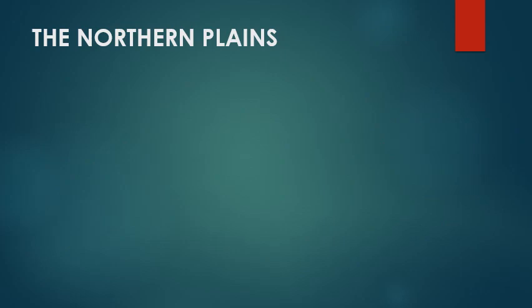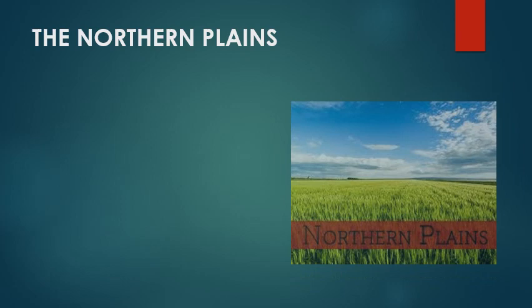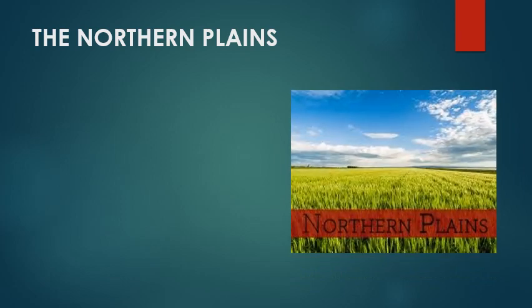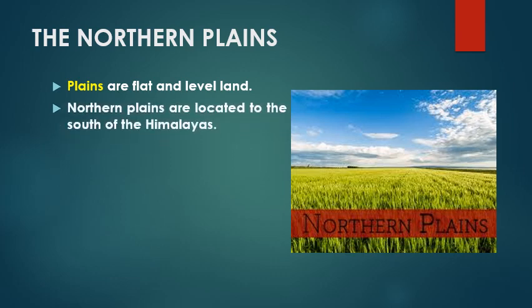Now we'll come to the second physical feature or landform, which is the northern plains. Let's look at the picture of these northern plains. Now what is a plain? Plains are flat and level land. Northern plains are located to the south of the Himalayas.